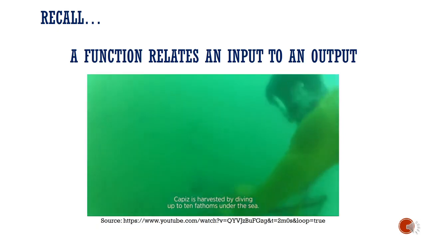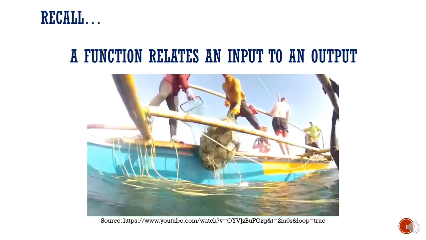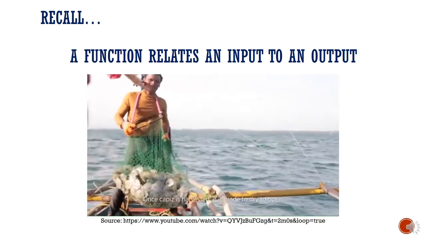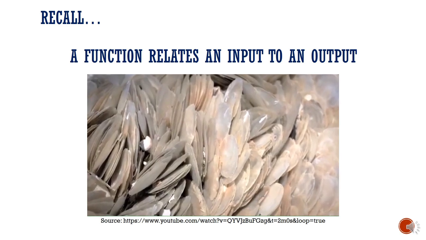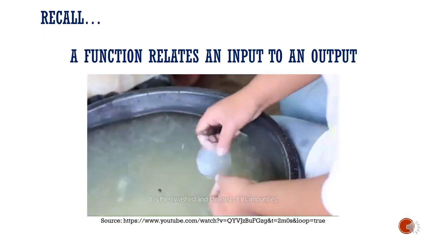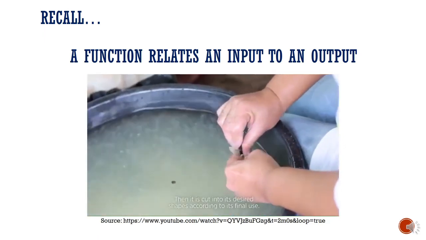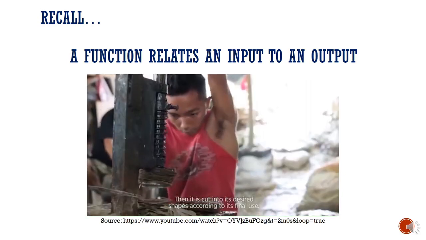Capiz is harvested by diving up to 10 fathoms under the sea. Once capiz is harvested, it is made to dry to open. It is then washed and cleaned of its impurities. Then, it is cut into its desired shapes according to its final use.